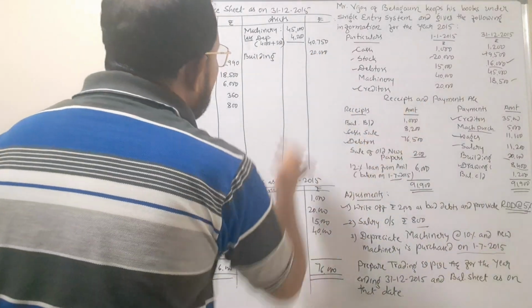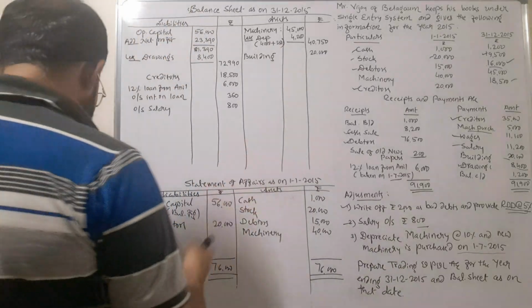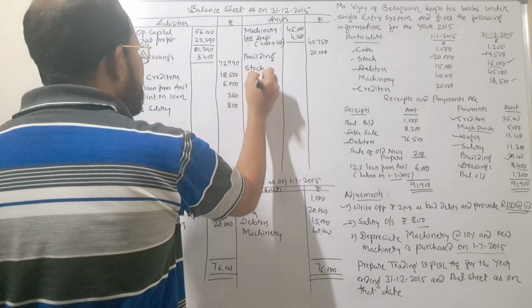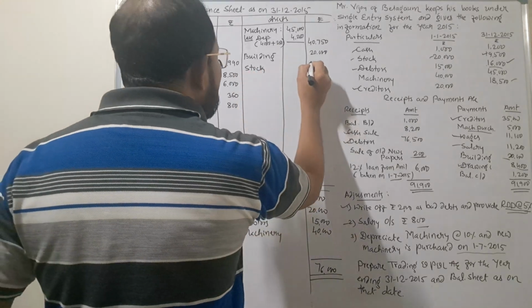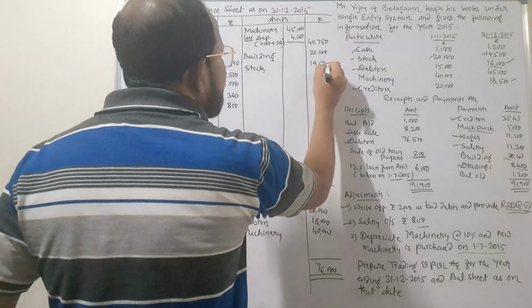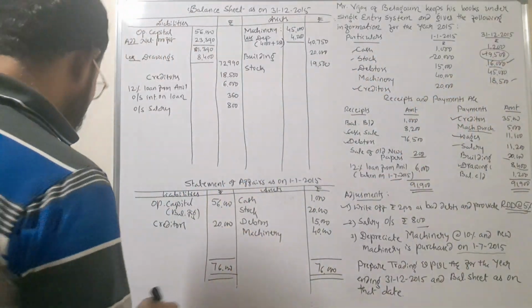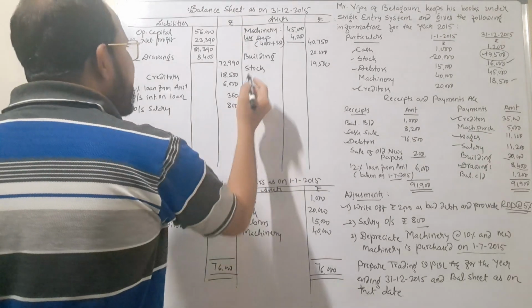Then machinery we have already taken. What are the other assets? Here stock we have to show. Closing stock rupees 19,500. See here, 19,500 closing stock, that appears on the asset side of the balance sheet. Next one is debtors.